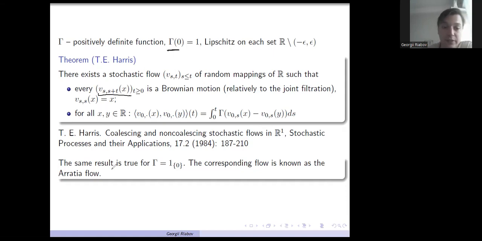In fact, there is one special Brownian flow that corresponds to a very non-smooth characteristic function. It corresponds to the indicator of 0. So actually, this is discontinuous.